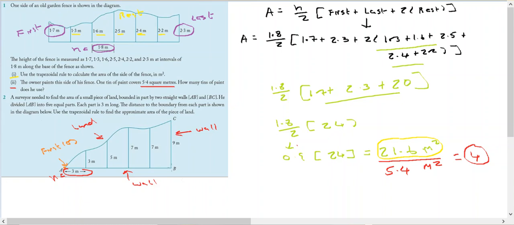So this then is going to be your last, which is 9 meters. And then these are your rest: this one, this one, this one, and this one. So then you just take your values and substitute them into the formula. So let's work through this.